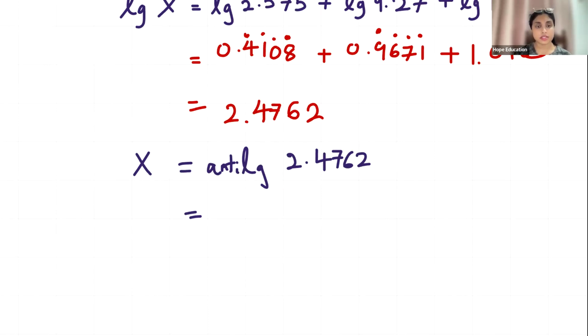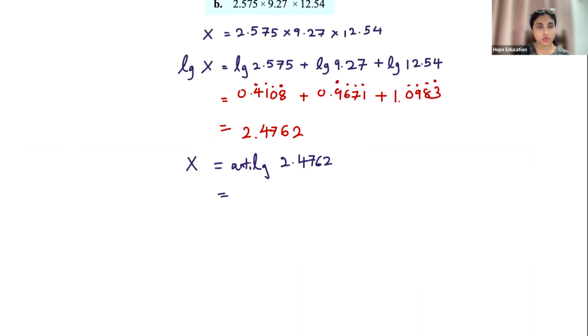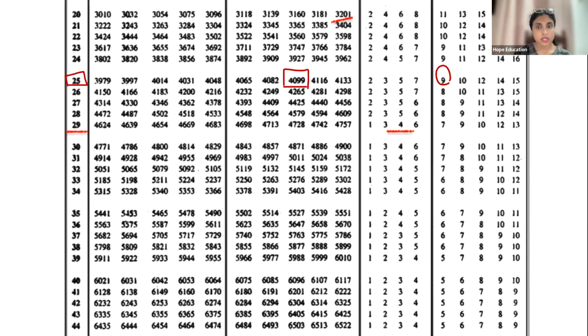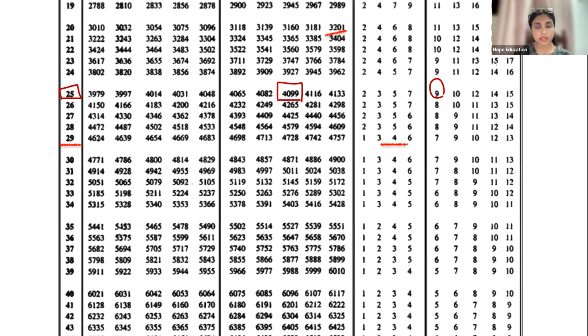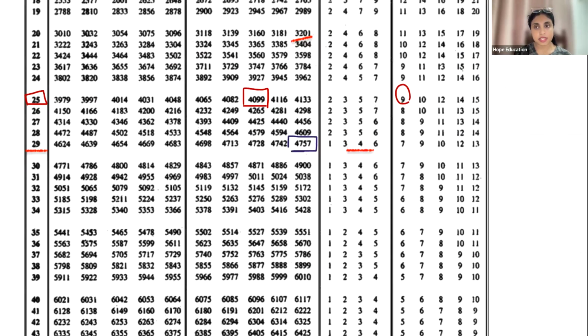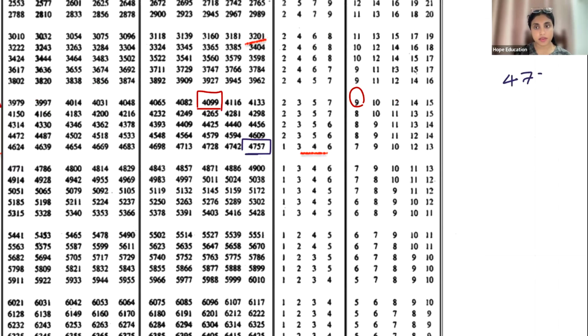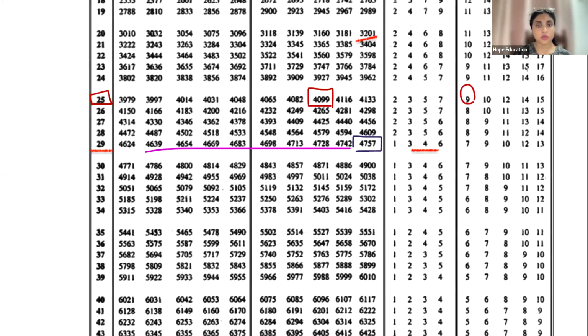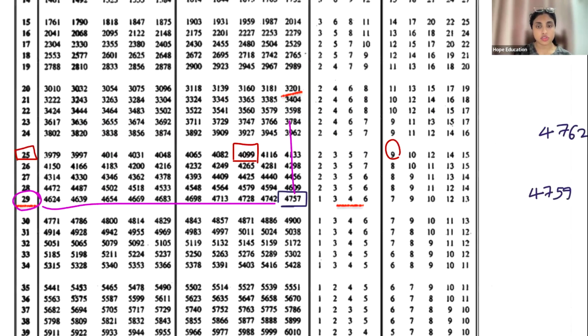Let's see, 4762. Where is 4762? Here is 4757. What I want is 4762; what I have is 4757. What does 4757 belong to? Here that is 29, and the one on top is 9. So 299.